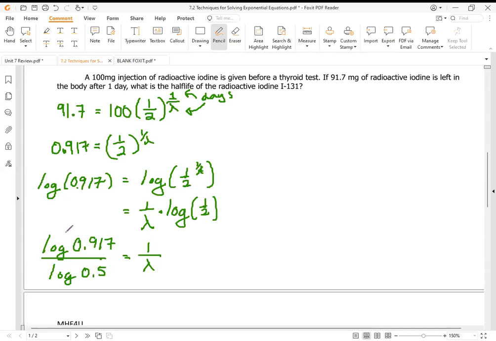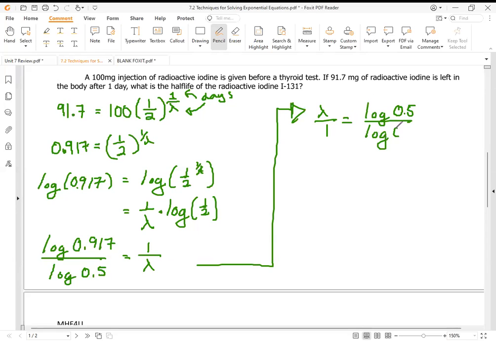And if something over something equals 1/λ, it is not wrong to say the reciprocal of one side is equal to the reciprocal of the other. You plug this into the calculator, λ will be approximately 7.9999, which is approximately 8 days.